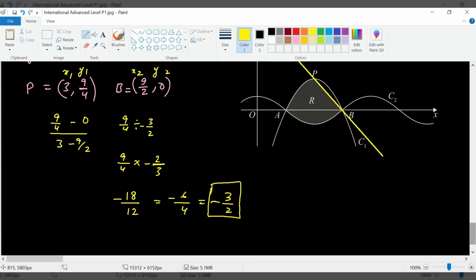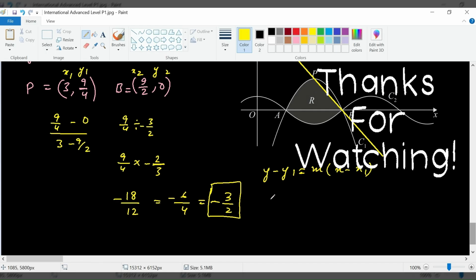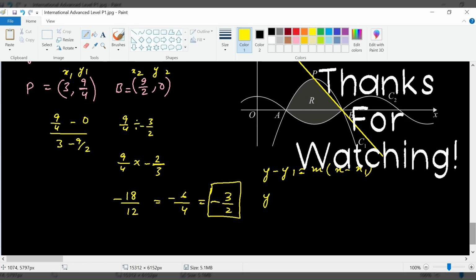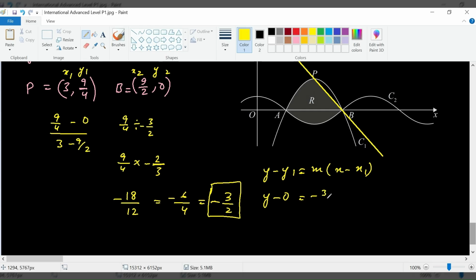Now, once we have the gradient of this line, we can use y minus y1 equals gradient times x minus x1. So that means this point is B, 9 over 2 and 0, gradient is negative 3 over 2, and this is going to be x minus 9 over 2.